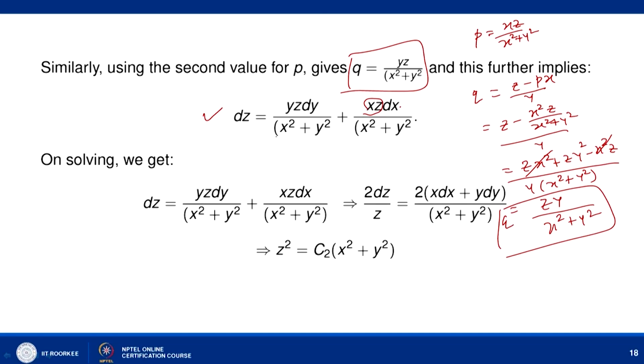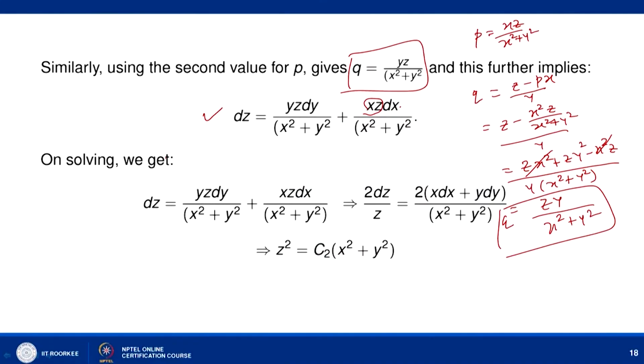Since we already know that it is integrable, we only have to make it in a form such that the exact integration is possible. So, you can take z common here.